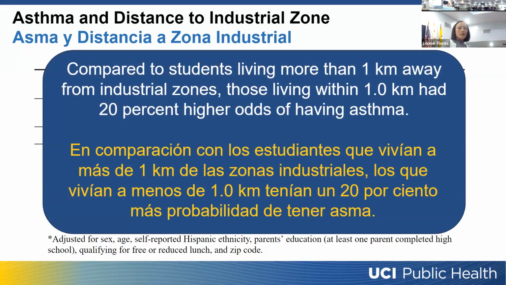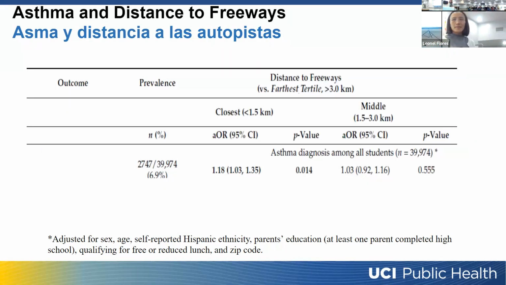Basically, this is the summary. Compared to students living more than 1 kilometer away from the industrial region, those living within 1 kilometer had 20% higher risk. Okay, next slide. Next. Okay, so this looked at the distance to the freeway and highways.